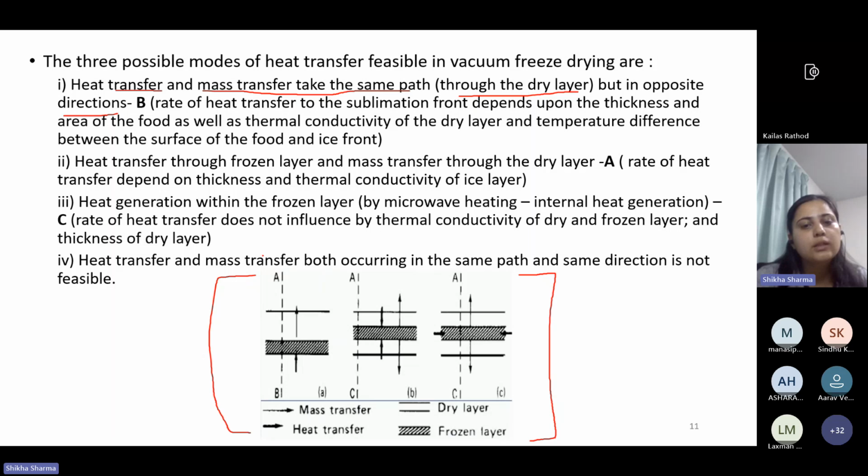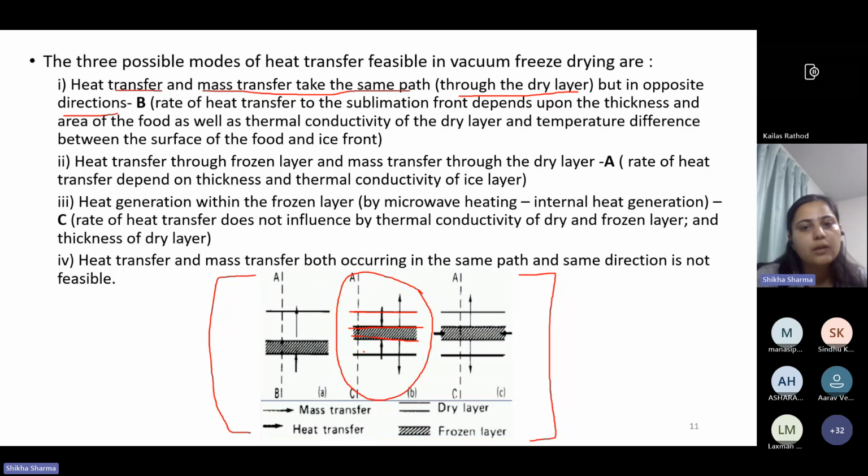In the diagram, if we see diagram B, this is the dry layer, this dashed line is the frozen layer, and then this is the dry layer.